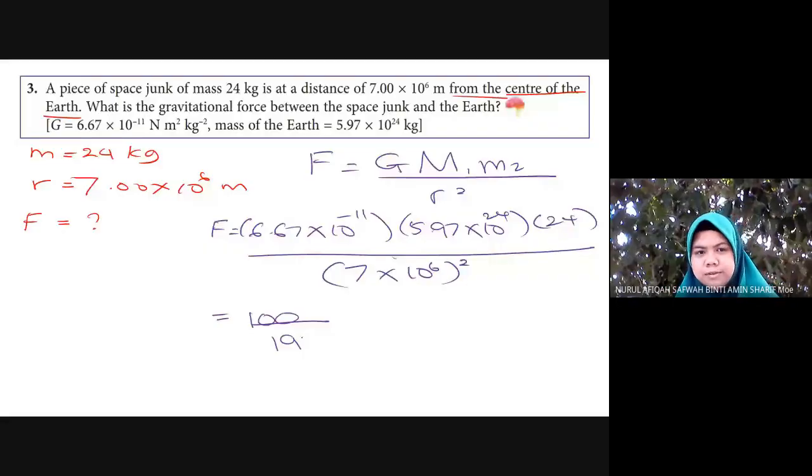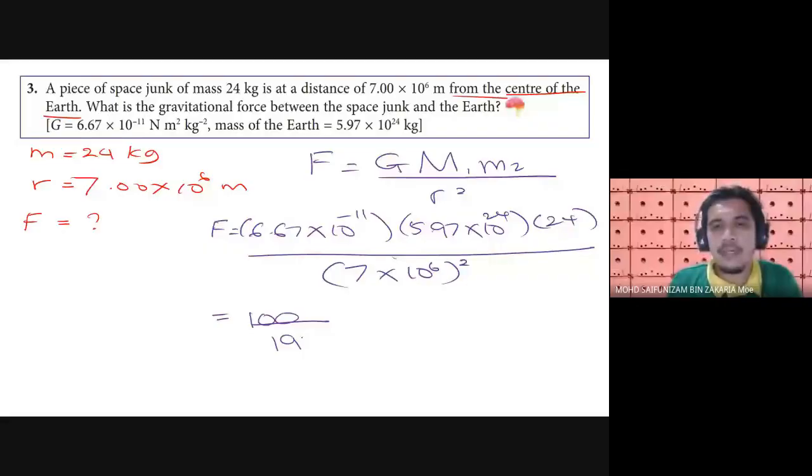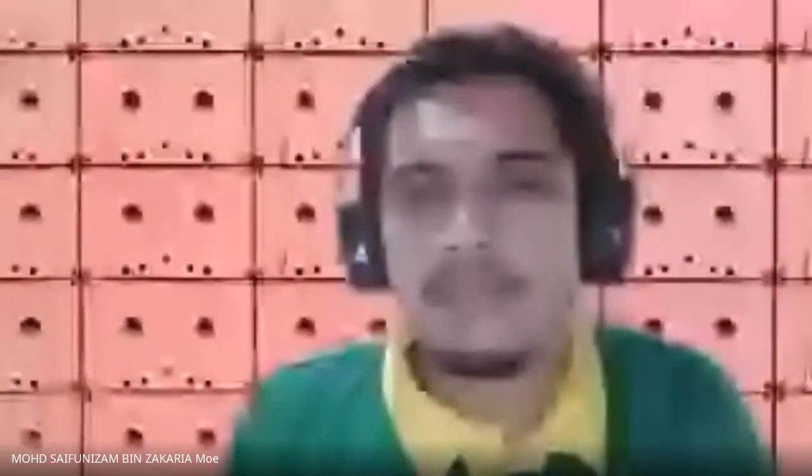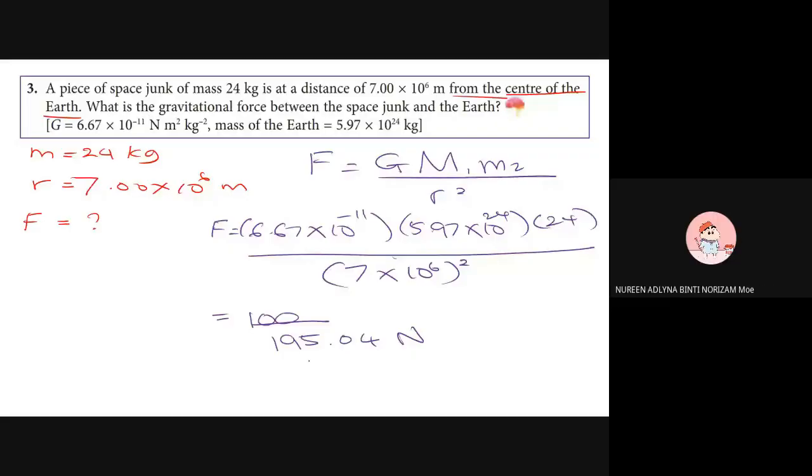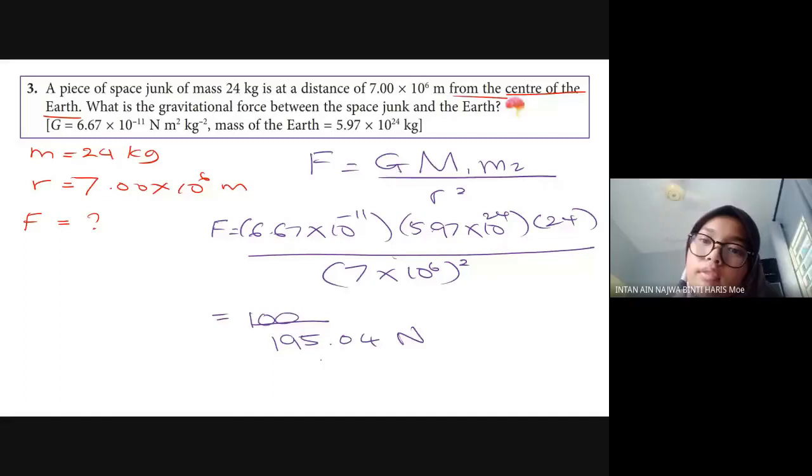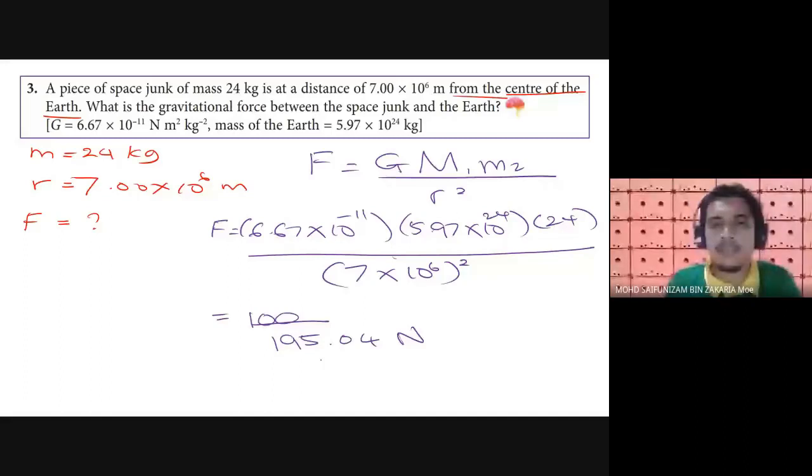Right. Did all of you get this answer? Yes. So the final answer is 195.04 Newton. The unit of force is Newton.